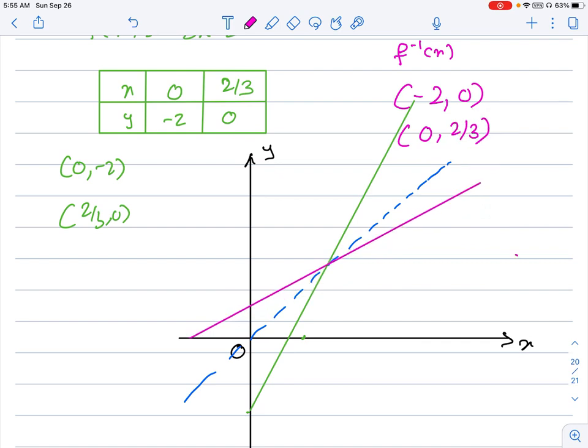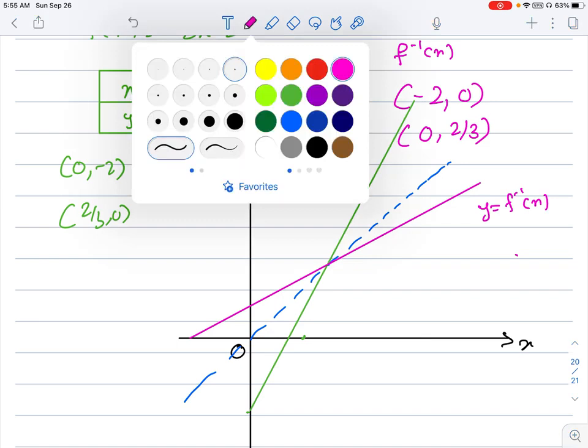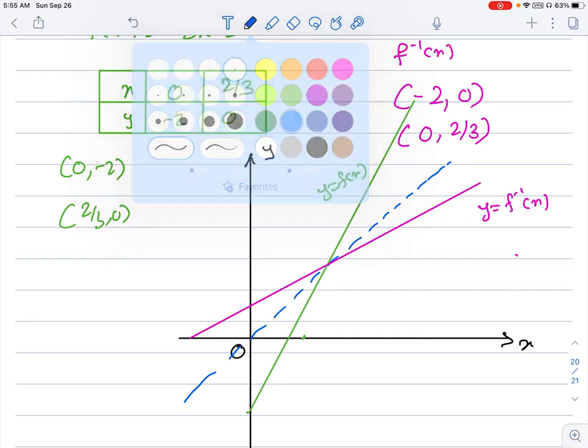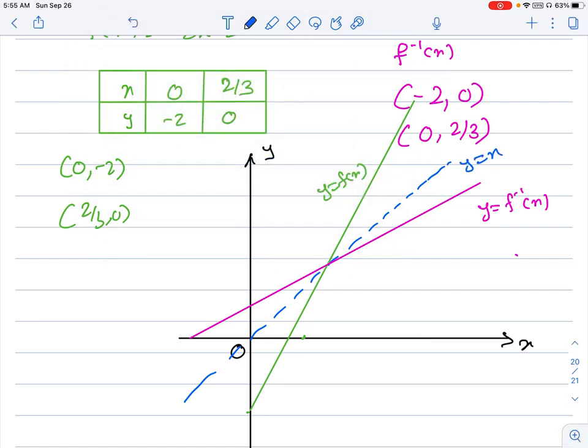So this is y is equal to f inverse of x, this is y is equal to f of x, and the blue one is y is equal to x. All three should be passing through the same point. And what is the relationship between f of x and f inverse of x? They are the images of each other in the mirror line y equal to x.